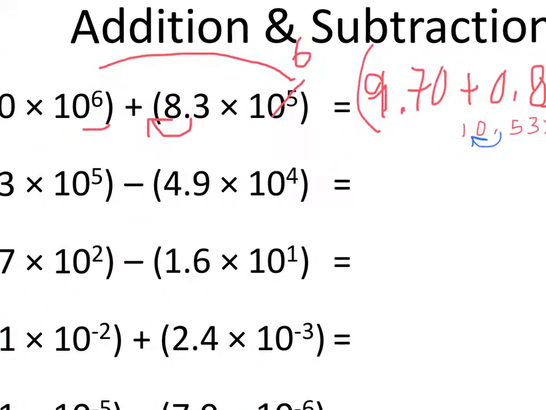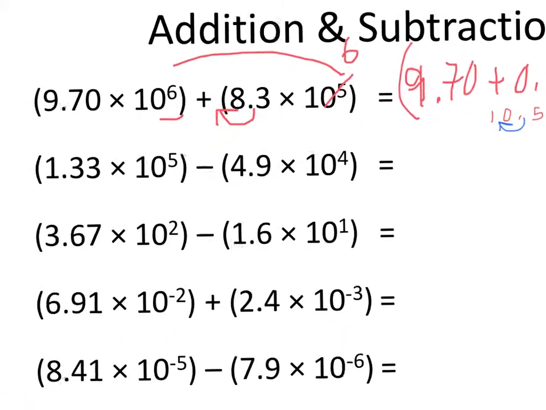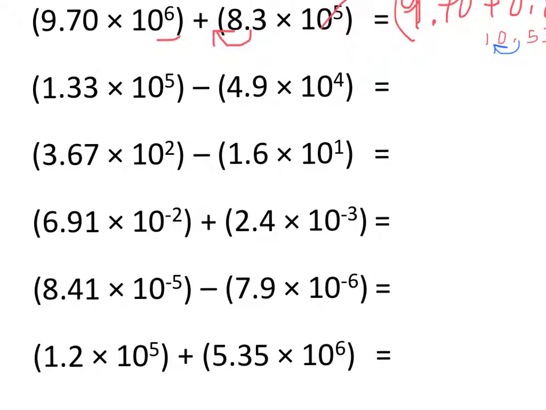All right, the next one, 1.33 times 10 to the 5 minus 4.9 times 10 to the 4. I'm going to raise everything to the 5 power, so I need this to move over by 1 point, which allows me to raise this to 5.